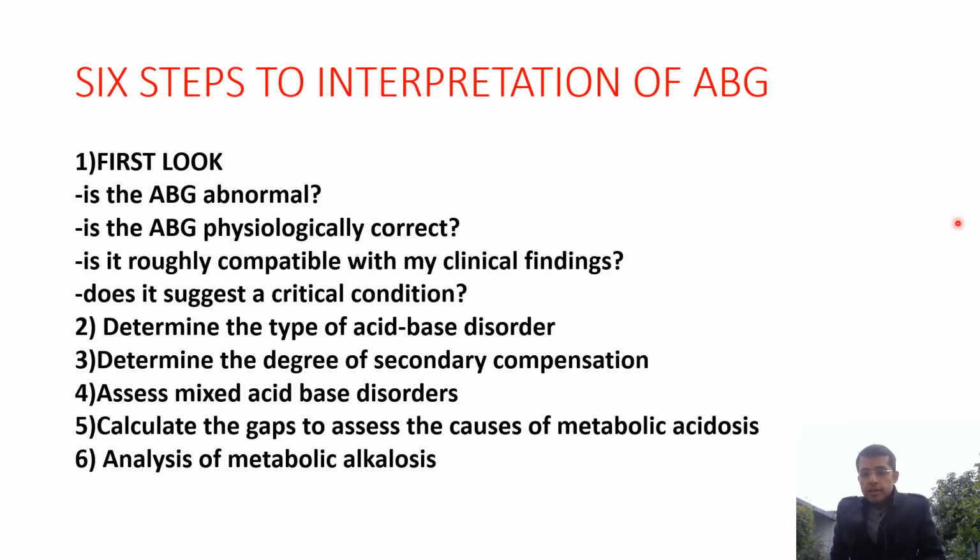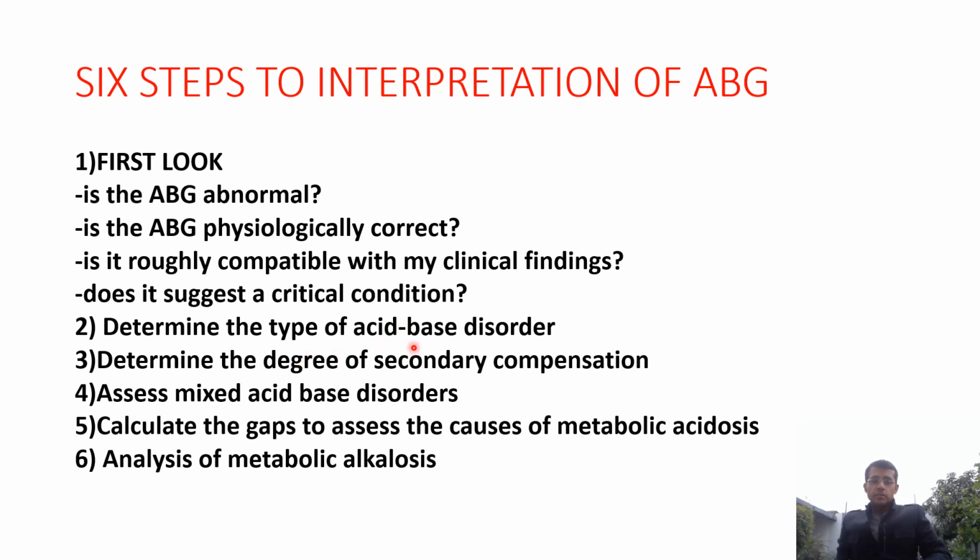Six steps to the interpretation of ABG. First look: we will try to find whether the ABG is normal or abnormal, is the ABG physiologically correct, whether it correlates with my clinical findings, does it suggest a critical condition.